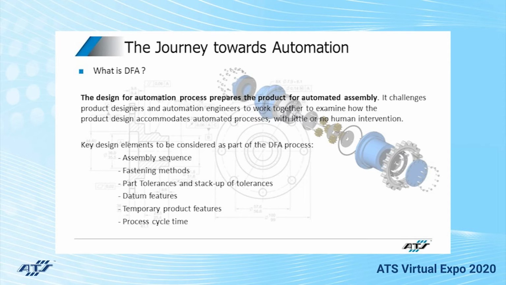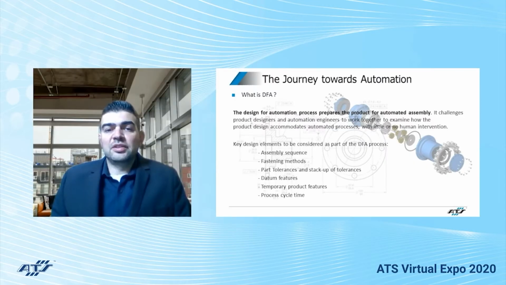There are key design elements to be considered as part of the DFA process: the assembly sequence, the fastening methods of the product, the part tolerances and the stack up of tolerances when these parts are put together, datum features, temporary product features that are only used during the assembly process, and process cycle time. All of these elements are key to successfully building automation that can put the product together repeatedly with very high quality.